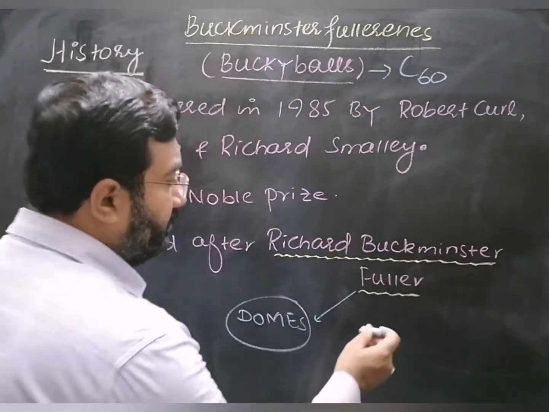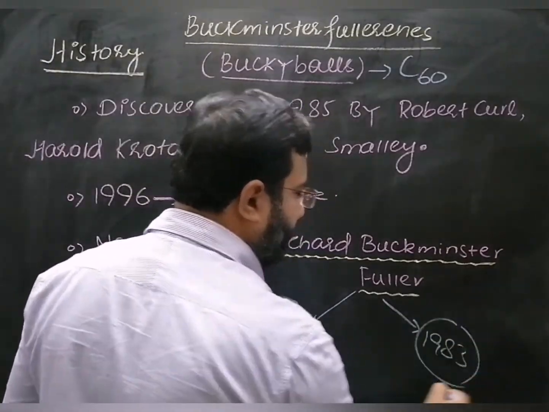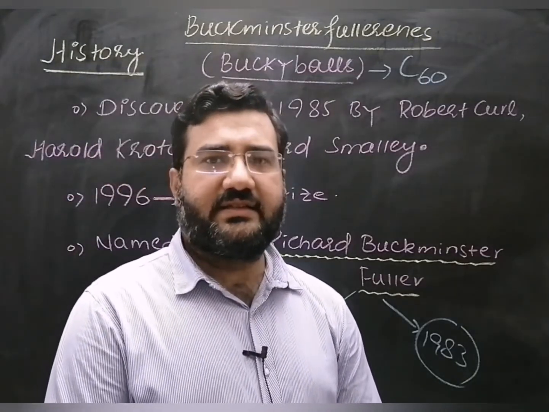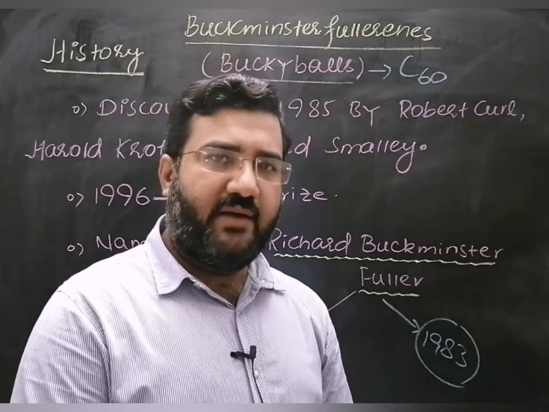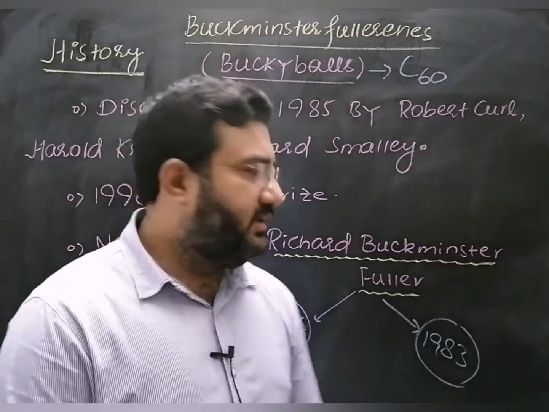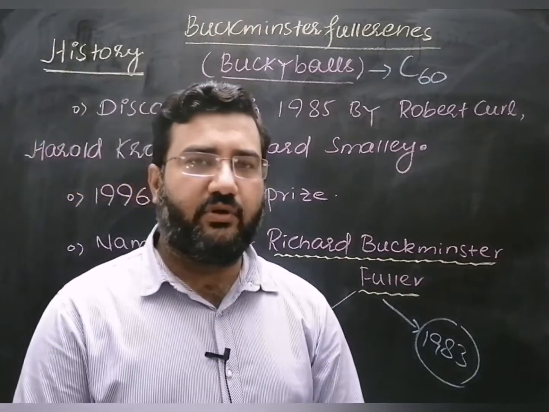He also died in 1983, almost a year before the discovery of the C60 Buckyball. So that's why they named Buckyballs after the name of this great architect and writer Richard Buckminster Fuller.